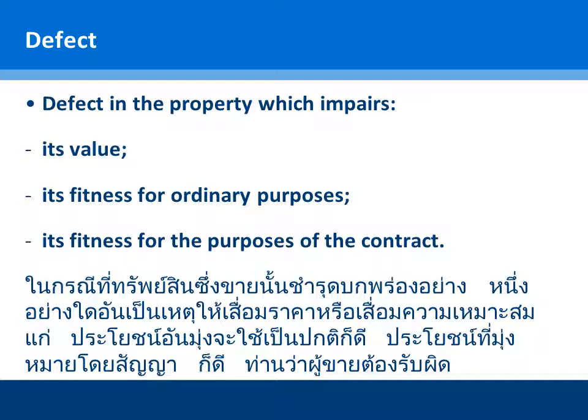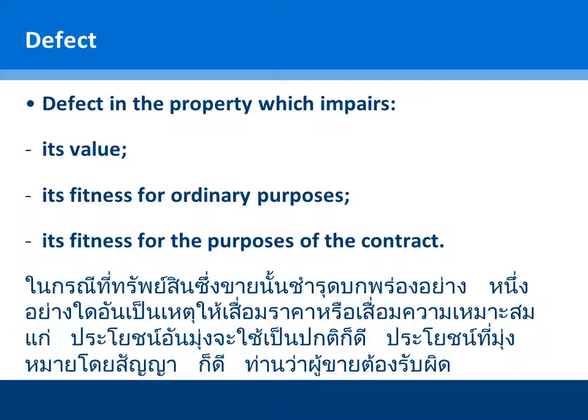Let's take another example. I buy a dog from you, but this dog is sick. He cannot walk. Well, in this case, I cannot use the dog for ordinary purposes, like for example, running around, protecting my property, playing together.